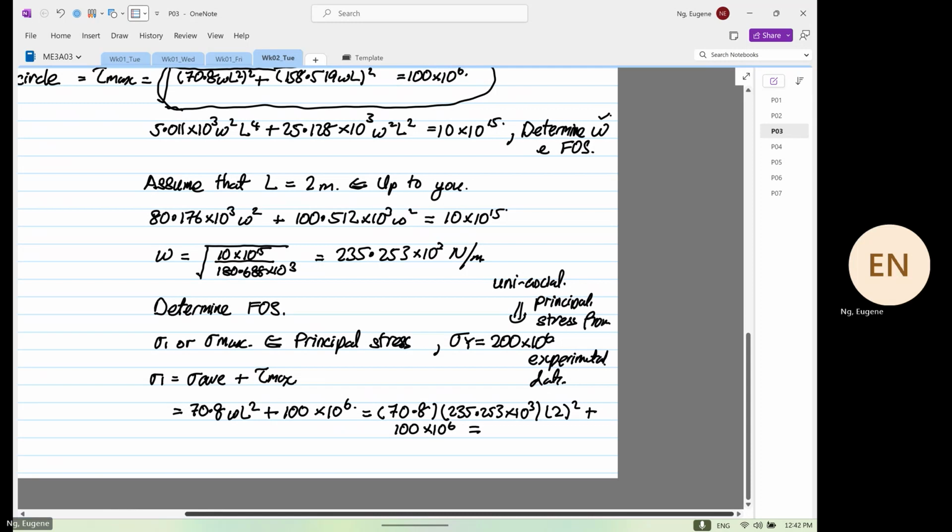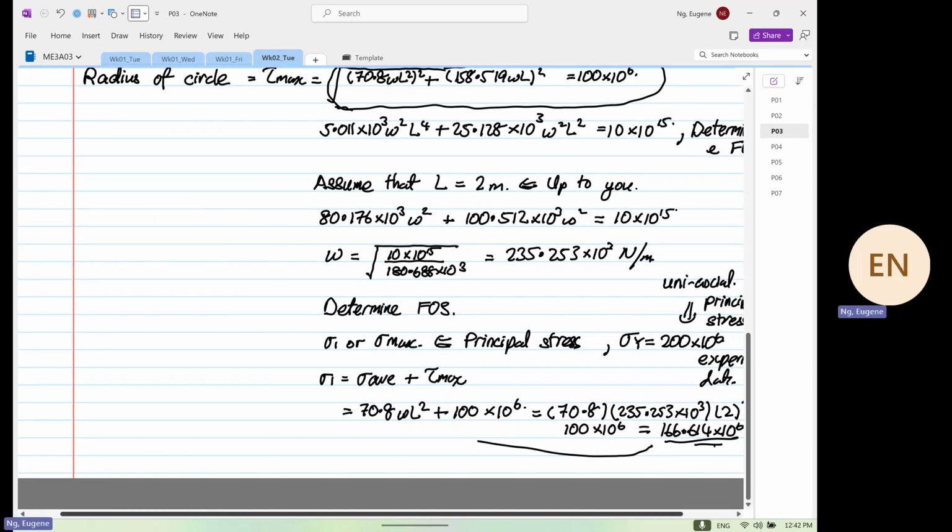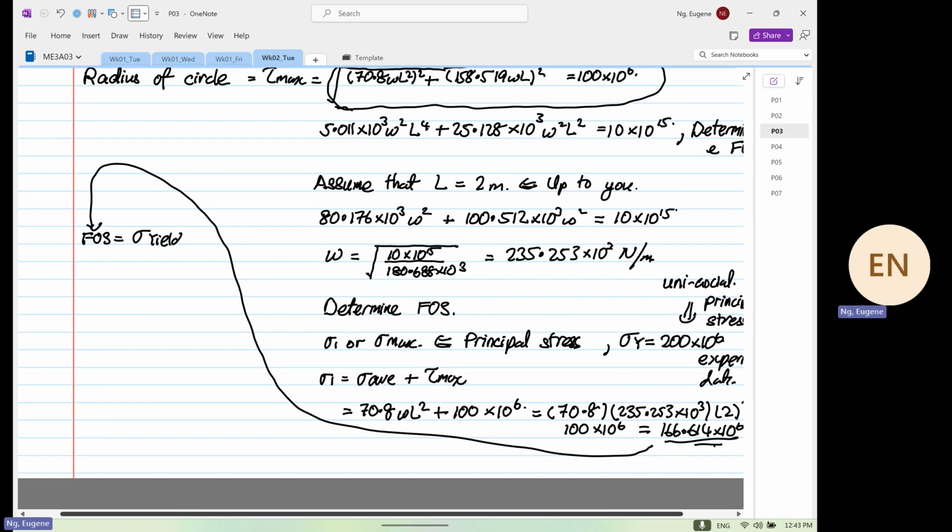So this will be equal to 166.614. From here, to calculate our factor of safety, it is equal to stress yield divided by stress 1, 200 times 10 to the power 6 divided by 166.614 times 10 to the power 6.